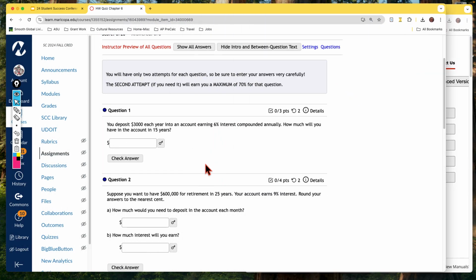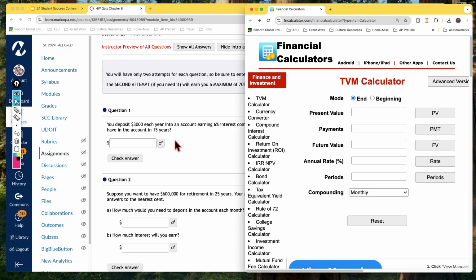So you deposit $3,000 each year into an account earning 6% interest compounded annually. How much will you have in the account in 15 years? So that's all we're going to calculate. If we're doing 3,000 each year, where does that number go into our TVM calculator?